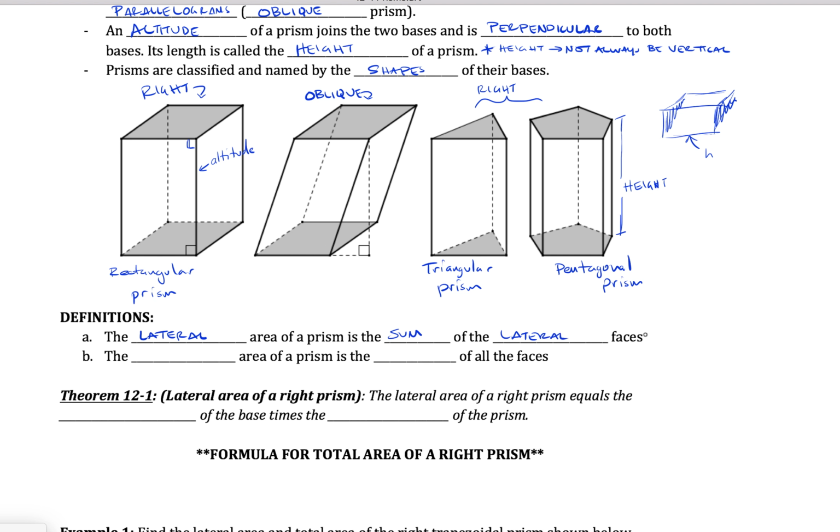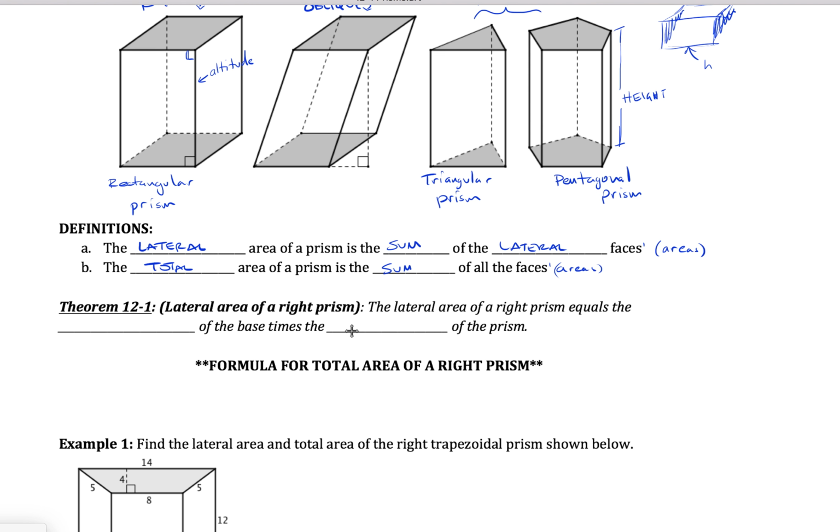The total area, sometimes called the surface area of a prism, is the sum of all the faces' areas. So let's jump right in. That's really what we're going to be concentrating most of our time on in this section: calculating lateral area, total area, and then later we're going to look at volume of prisms.